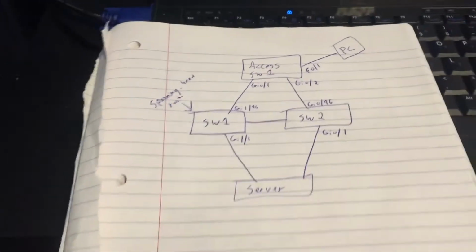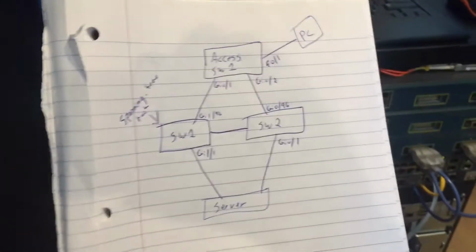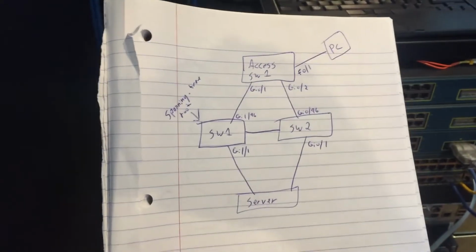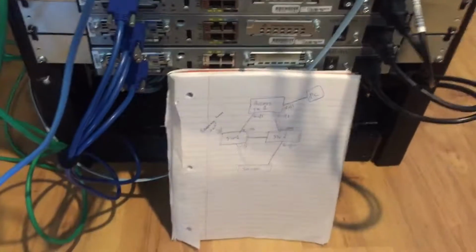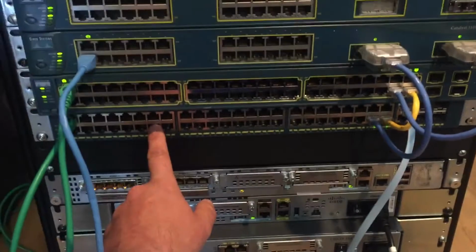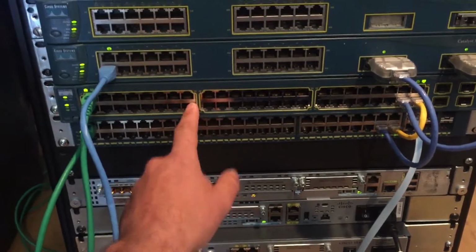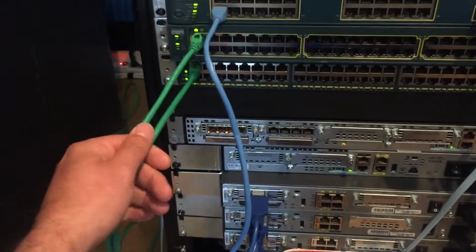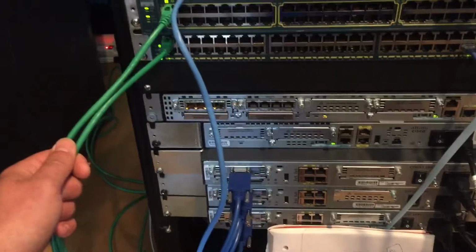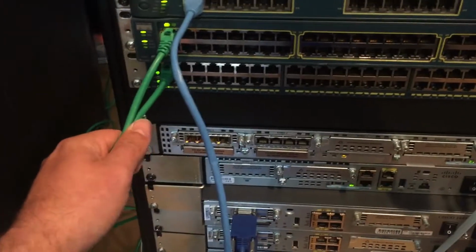Let's move along. Let me show you the physical equipment where I labbed this up. So this would be switch 1, switch 2, access switch. These would be the 2 connections that are going to the server that we have the NIC team configured on.